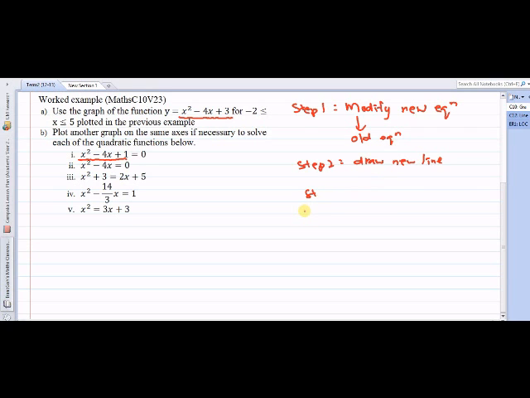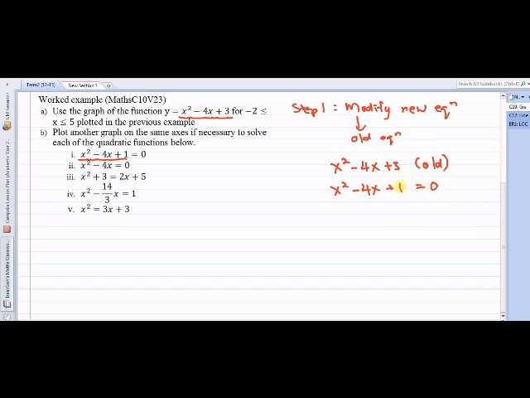Let's look at the first example. x squared minus 4x plus 1 equals 0. Firstly, we write down the old equation, x squared minus 4x plus 3. At the bottom, we write the new equation, x squared minus 4x plus 1 equals 0.